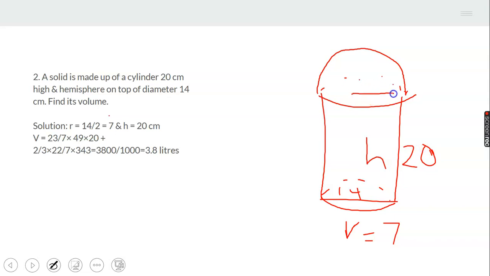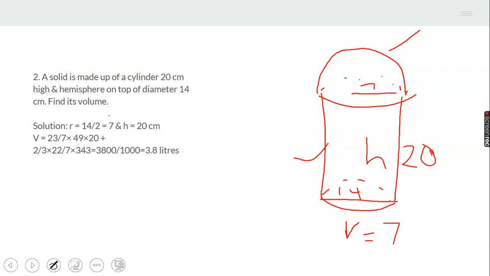So the radius of this hemisphere will be 7. Very good. Now, in order for us to calculate its volume, we have to find the volume of the hemisphere and then add it to the volume of the cylinder.